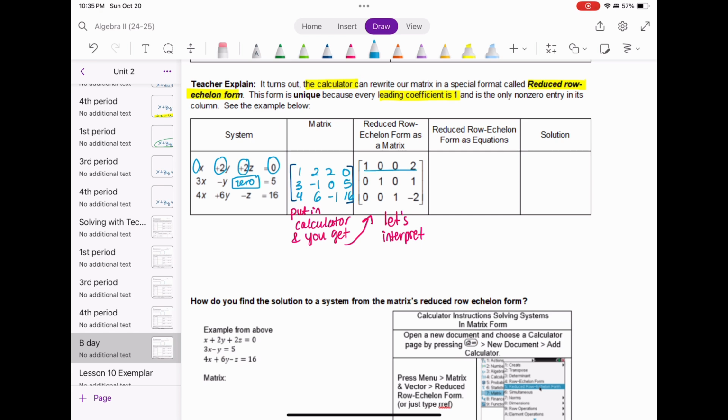So if the calculator gives you this, you can already make equations from it. We see that x equals 2, y equals 1, and z equals -2. And so your solution is going to be exactly that, 2, 1, -2.